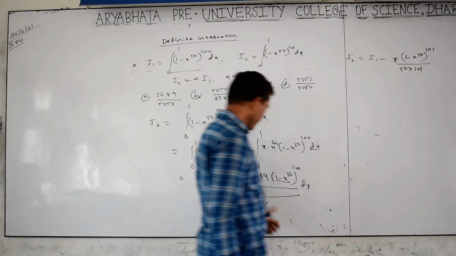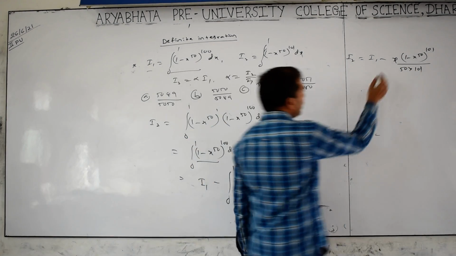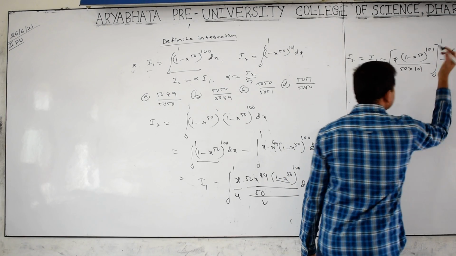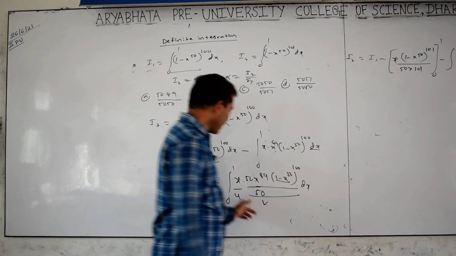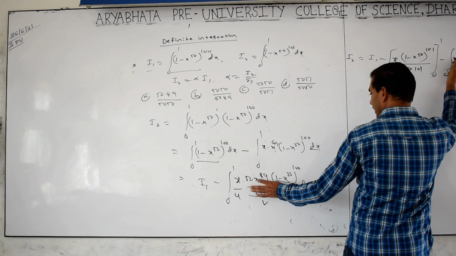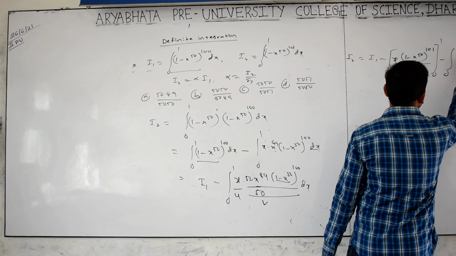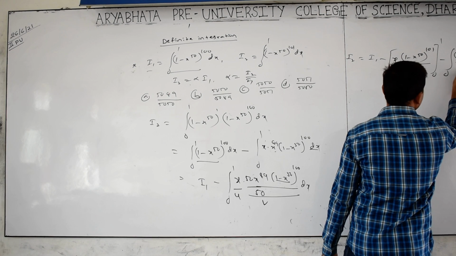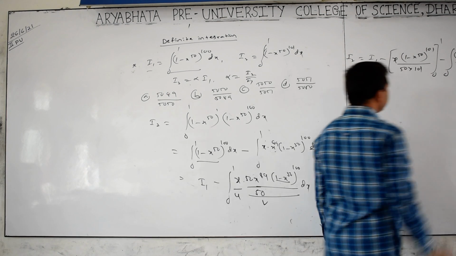Apply limits 0 to 1, minus the integration from 0 to 1 of x, whose derivative is 1, and the integration of this is (1 minus x power 50) whole power 101 by 50 into 101.